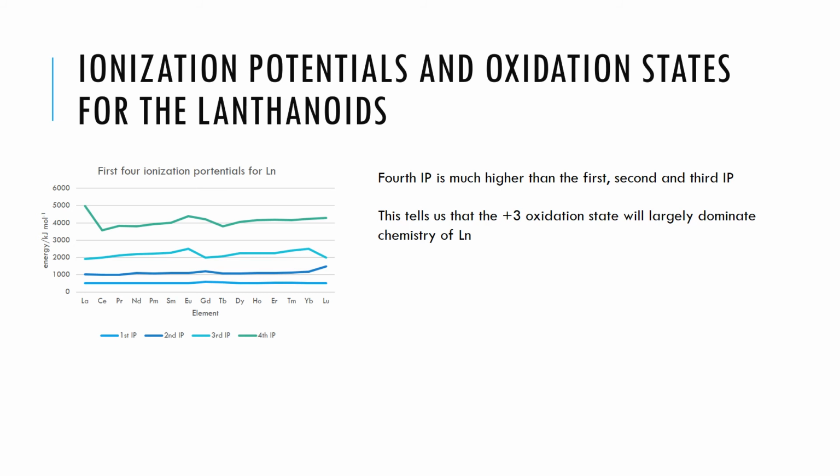So what it tells you is that the fourth electron is very difficult to remove. It requires lots of energy to remove that fourth electron, and the +3 oxidation state will largely dominate the chemistry of the lanthanoids. Of course, that's not the case for europium and ytterbium, where the +2 oxidation state dominates. But broadly, you find lanthanoids in the +3 oxidation state.